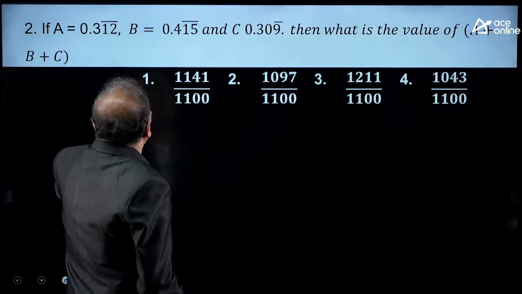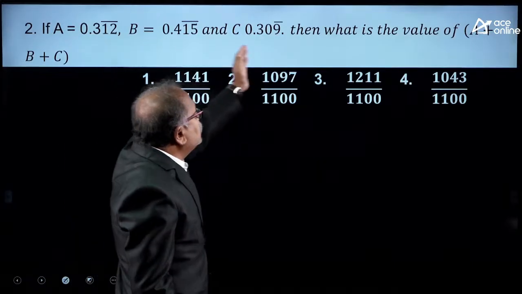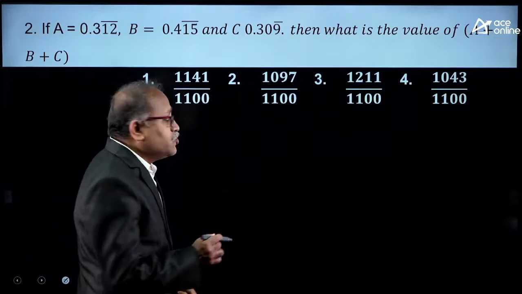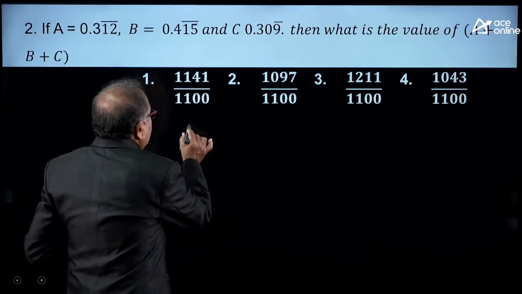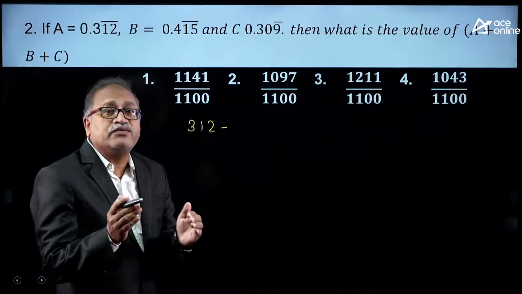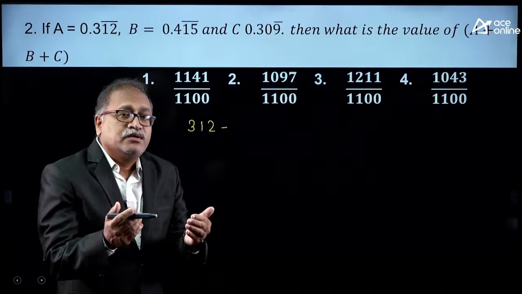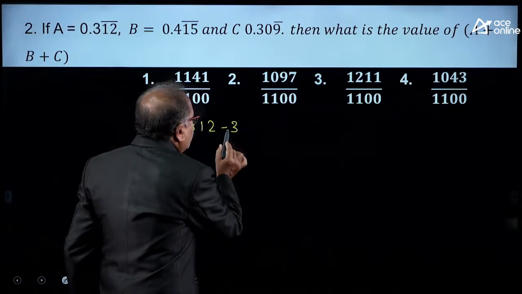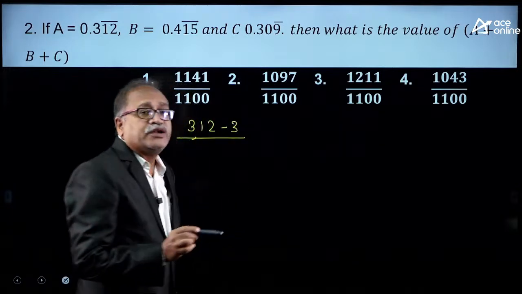So let's write down over here. All are decimals, no integer is there. So how do I write this one? 312, and the bar is on 12. So take the 312 and minus the number without the bar, the decimal part without the bar, that is 3. So I will go for 3. And what about the denominator?